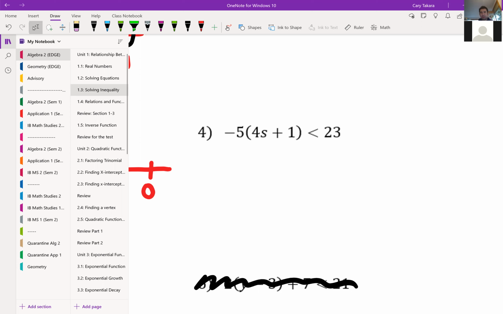Okay, how are you guys doing on number 4? I'm going to get started on this. Distribute. Negative 20. Negative 5 times 1 is negative 5. It's 23.